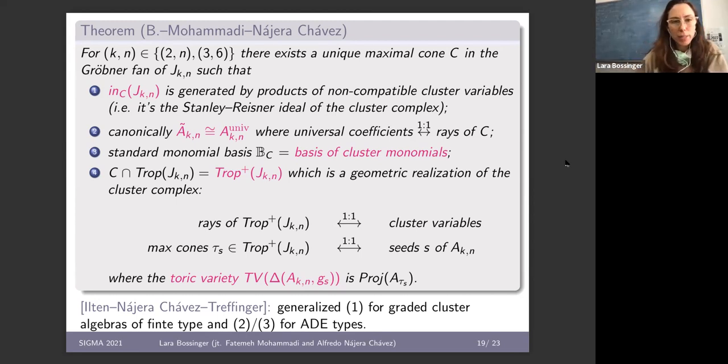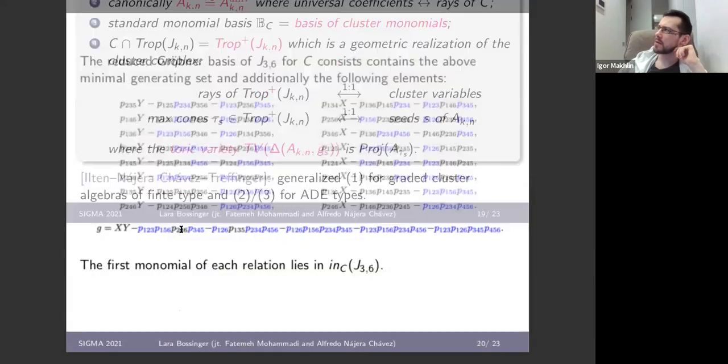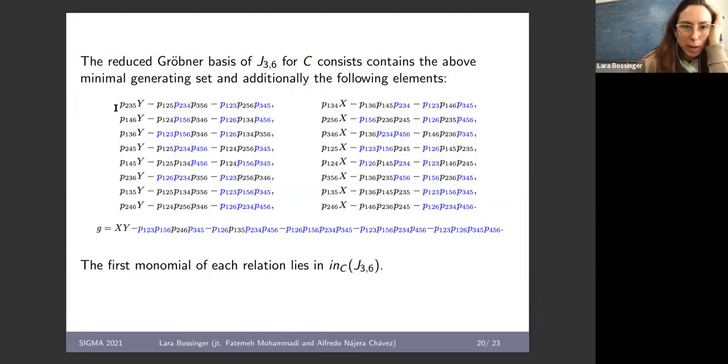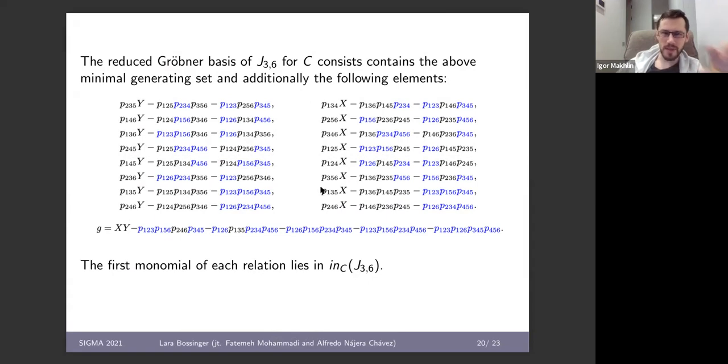No, there are no variables in the ideal. It's generated in degree 2. And these monomials that are the leading terms here, or the first monomials in this list, they are all elements there. So here, could you say this distinguished initial monomial ideal is generated by these first summands, and that's it?